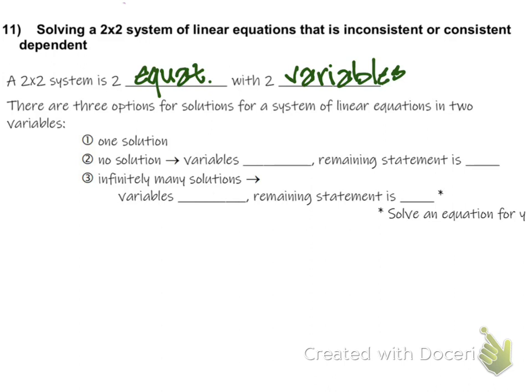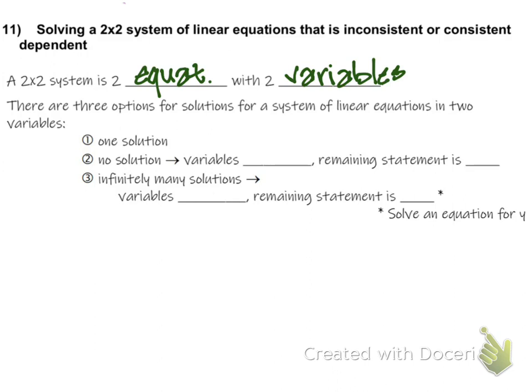So we have three options for solutions, okay? The first is one solution, and that's what we've done so far, right? We solve it, we get an answer for x, an answer for y. The second thing that can happen is we can have no solution.